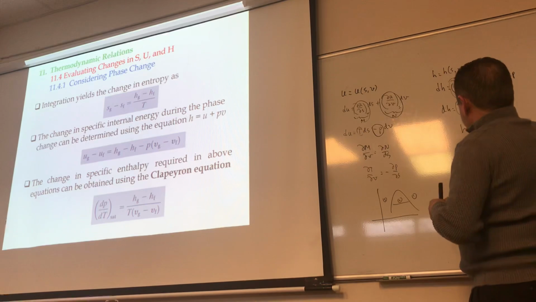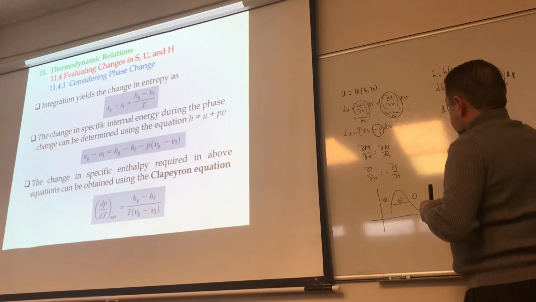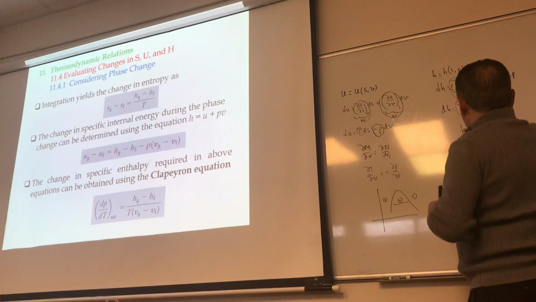Because you have H equal to U plus PV, that means U is equal to H minus PV, right?